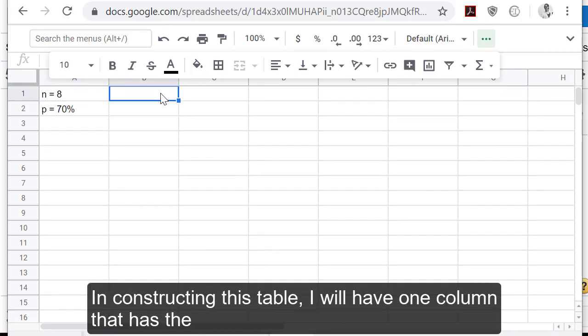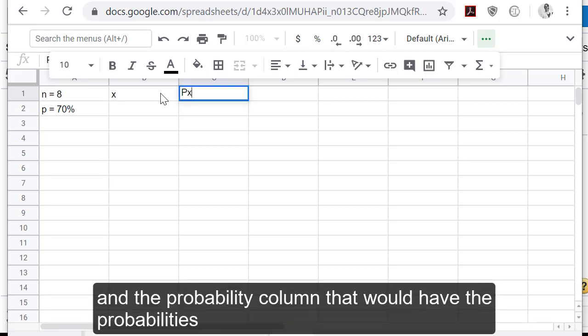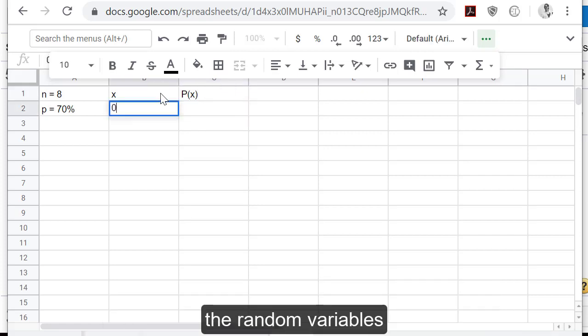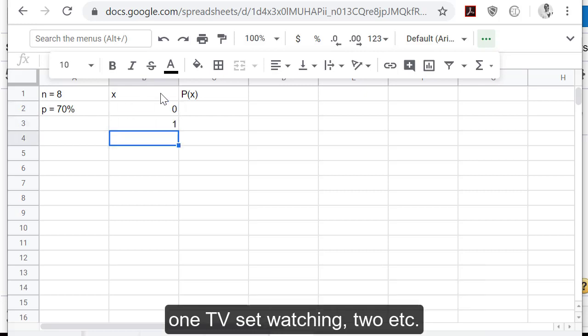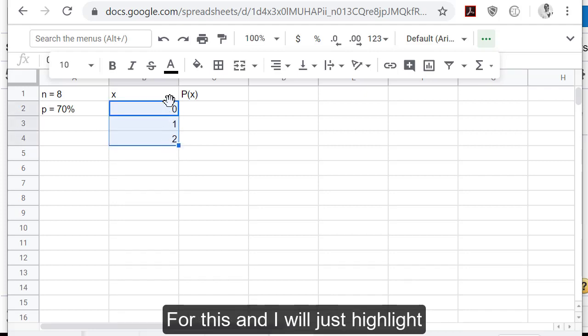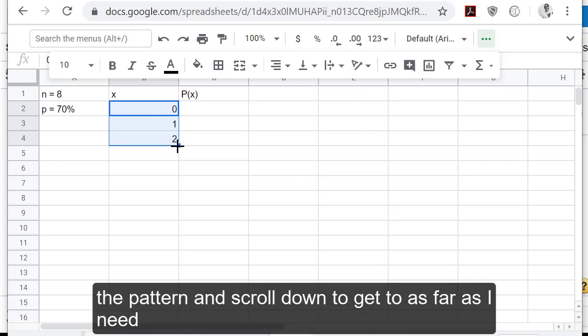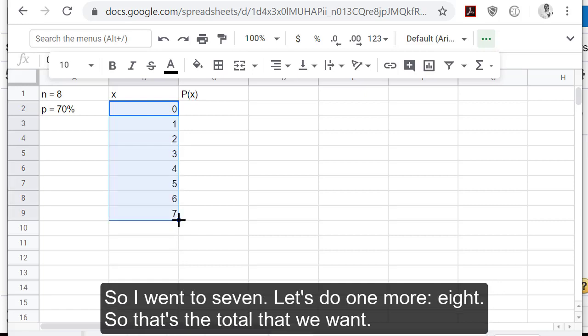In constructing this table, I will have one column that has the random variable x and the probability column that would have the probabilities. The random variables are going to be the possible number of people watching out of those 8 households. So there can be nobody watching, 1 TV set watching, 2, etc. For this, I will just highlight the pattern and scroll down. So I went to 7, let's do one more, 8, so that's the total that we want.